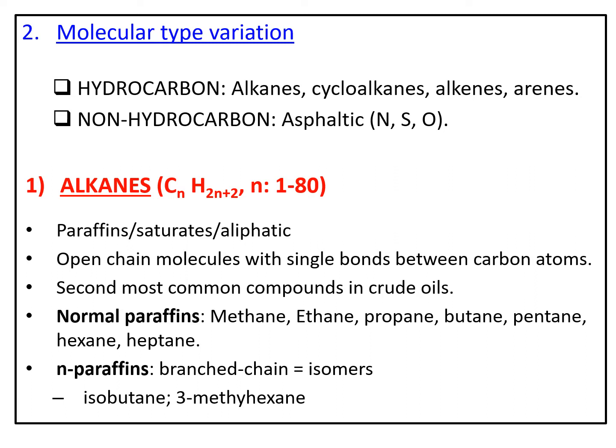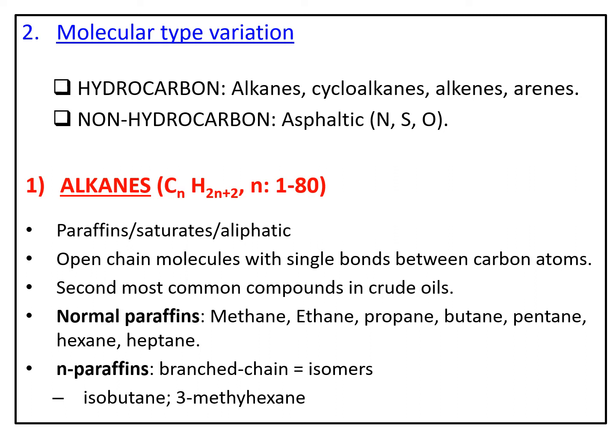Alright, so people in the industry usually prefer to use the terms paraffins, saturates and aliphatics, which are more familiar among petroleum geologists and engineers. While during your high school, you usually use alkanes as the term in chemistry.